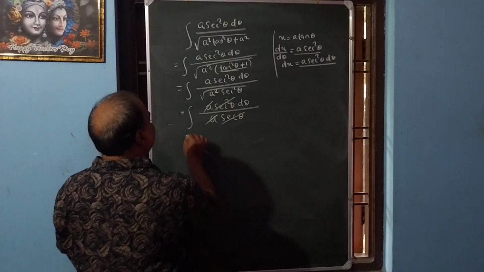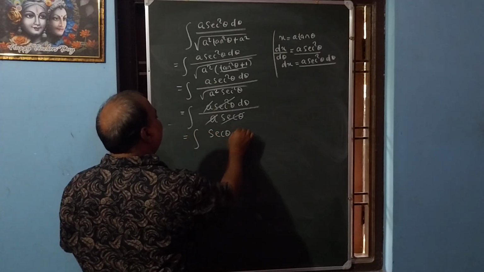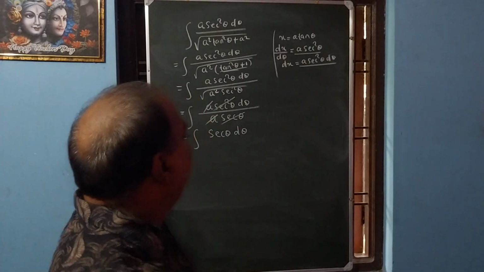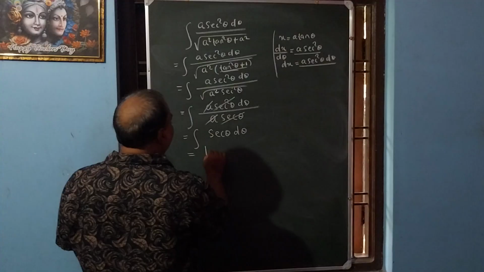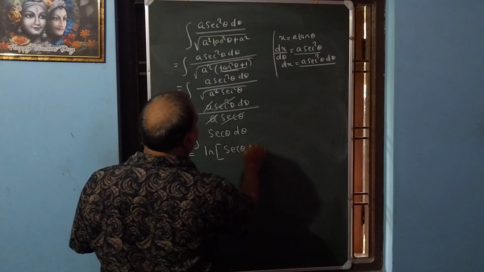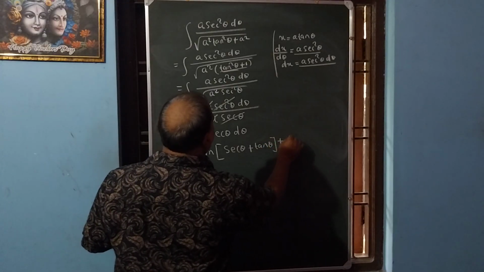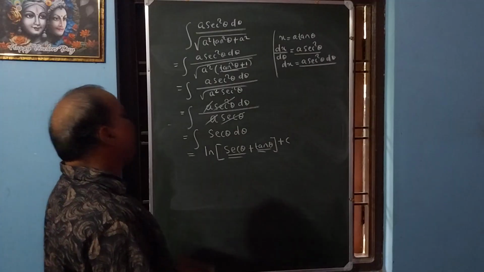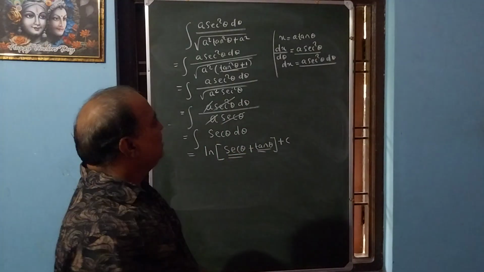We get sec theta d theta. We know that integration of sec theta is ln sec theta plus tan theta plus c. Now our aim is to bring sec theta and tan theta in the form of x.